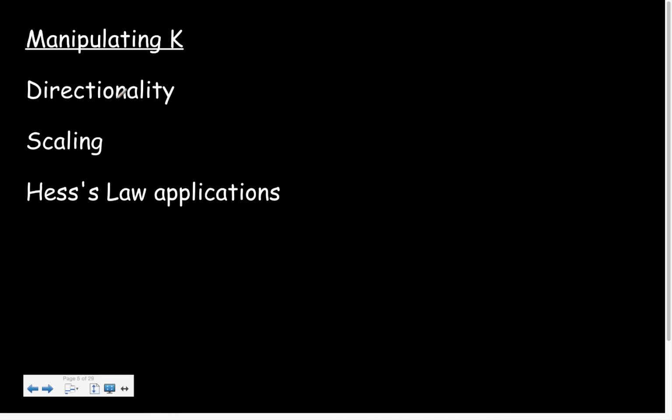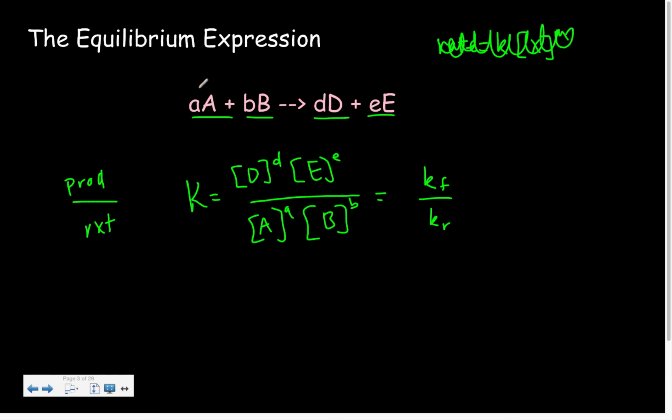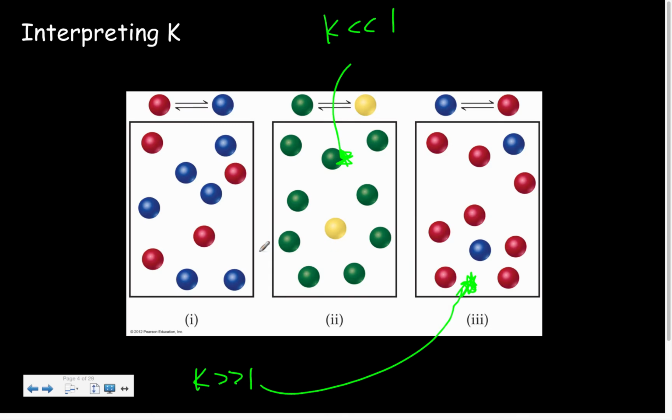Okay, now, once we have a K value, we can obviously manipulate our equation to manipulate our K. So for directionality, we just said reactions can go forward and backwards. Ks are always for the reaction as written. So if we go back here, the K for this is based on this as written. If we wanted to flip our reaction, we would have to flip our K, yes?